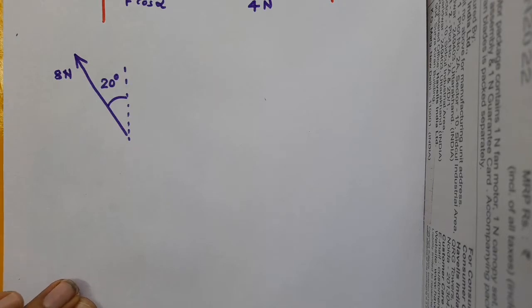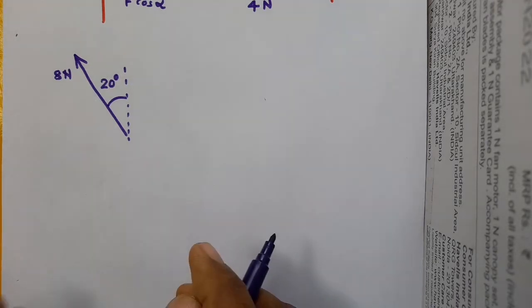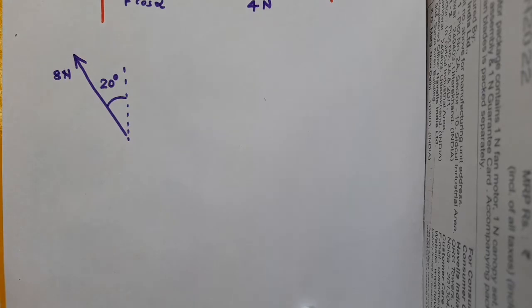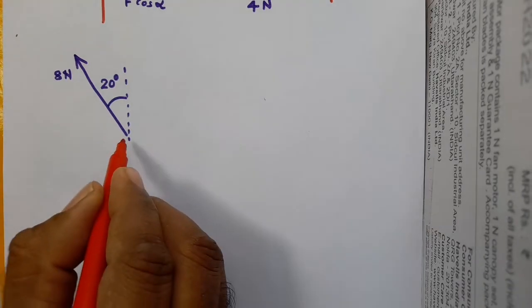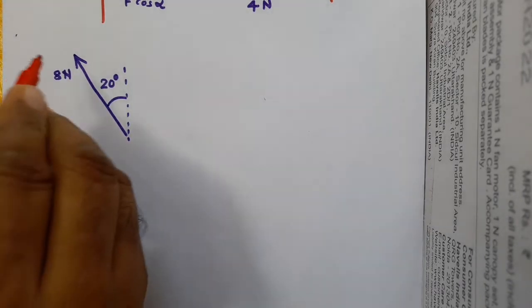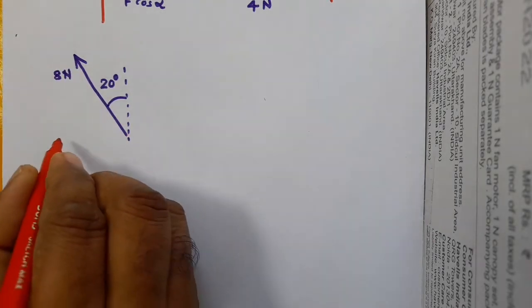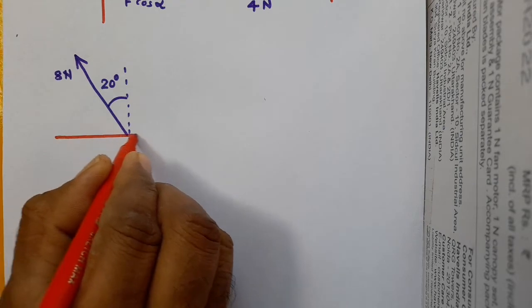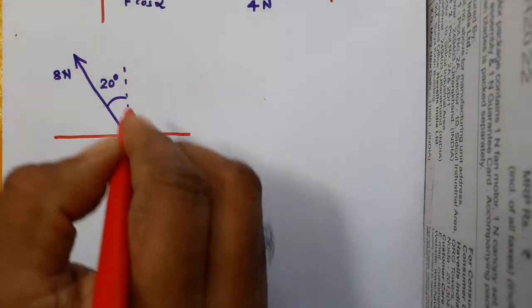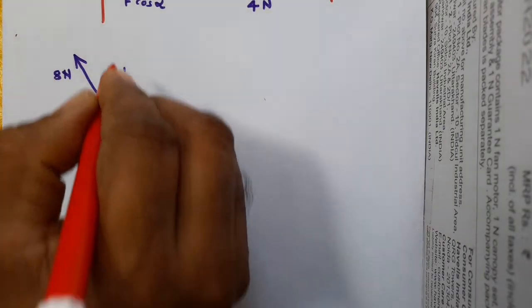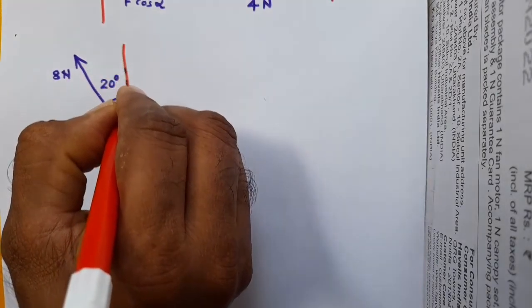How shall we resolve it? To resolve this, see, as I told you, this is the start point, this is the end point. To the starting point you have to draw a horizontal line as well as a vertical line.